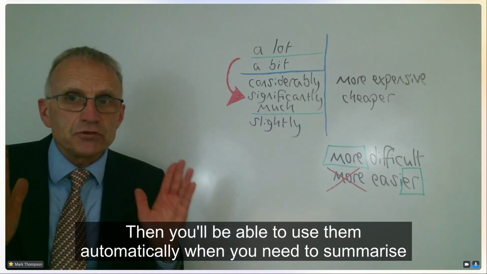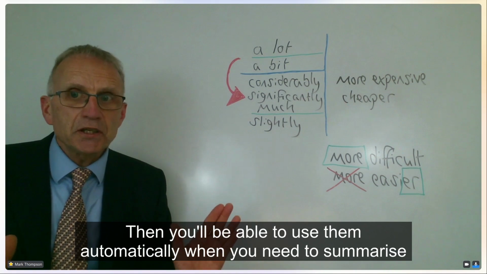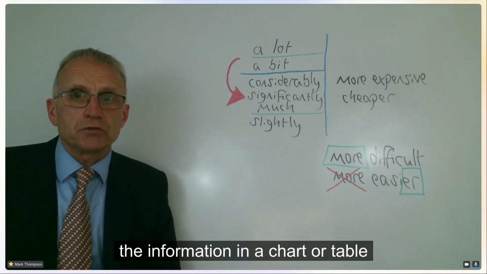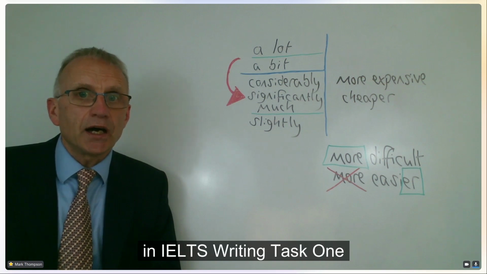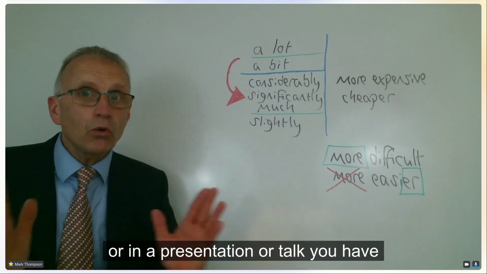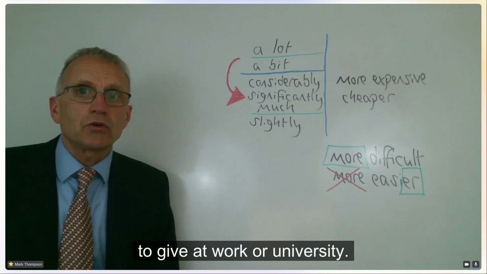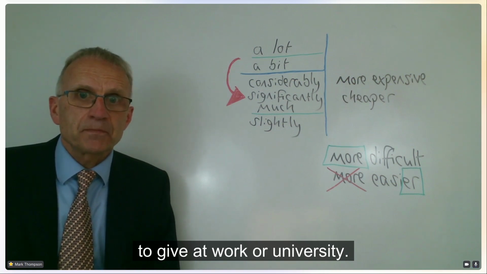Then you'll be able to use them automatically when you need to summarize the information in a chart or table in IELTS Writing Task 1, or in a presentation or talk you have to give at work or university.